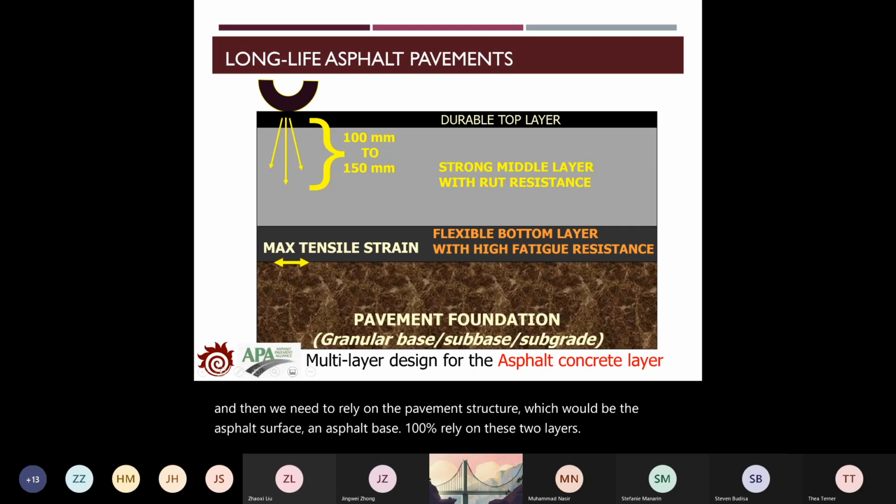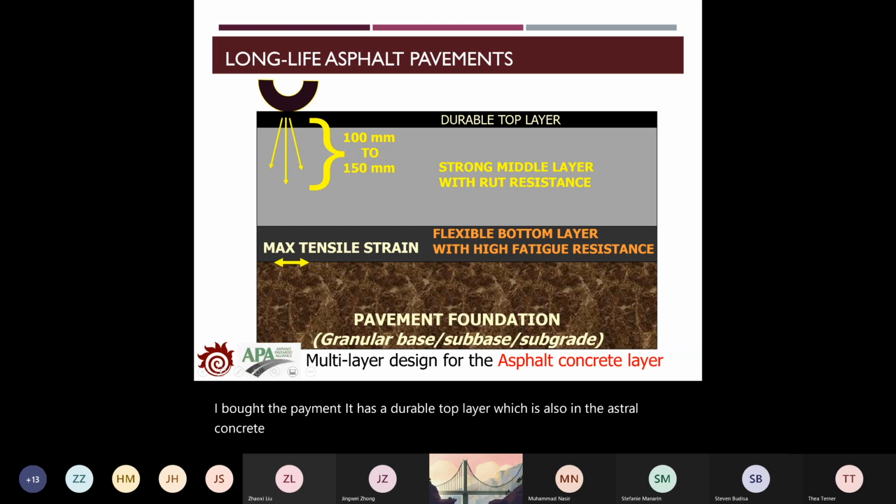And the other type of pavement is called the long life asphalt pavement. This one is designed to last for a longer time to provide reliable service for 20, 30 years or even longer. The figure here shows the structure of this type of pavement. It has a durable top layer, which is also an asphalt concrete layer.